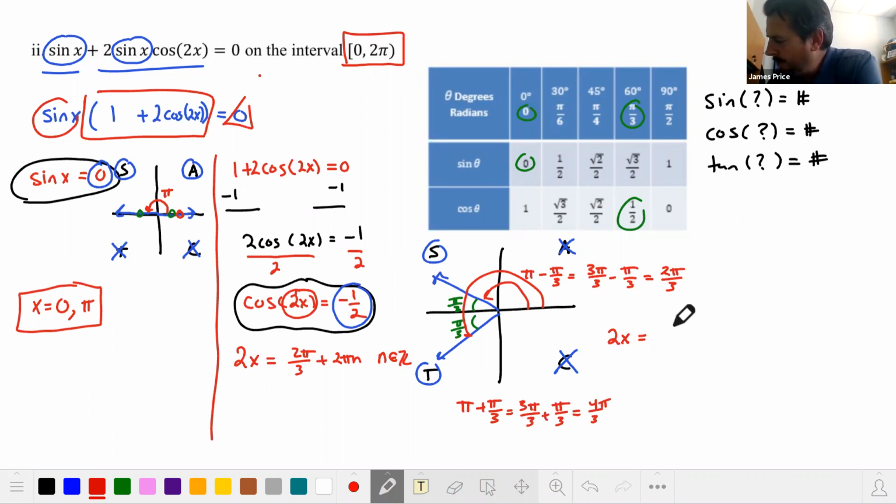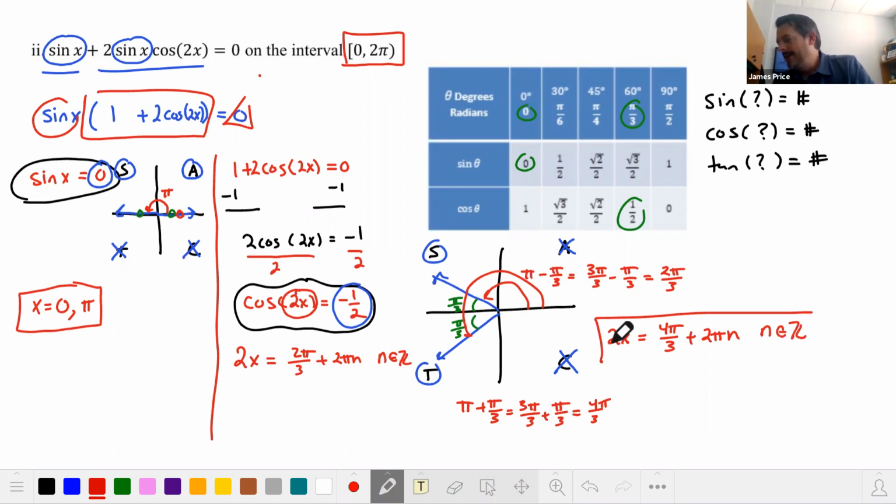And so this is equal to 4 pi over 3. And again, you can add any multiple of 2 pi n, and if n is positive, you're going this way. And if n is negative, you're going the other way. So n can be any integer basically. So n is an element of the integers. And then, oops, I don't want to circle that. Yeah. So there's my other possible set of answers.